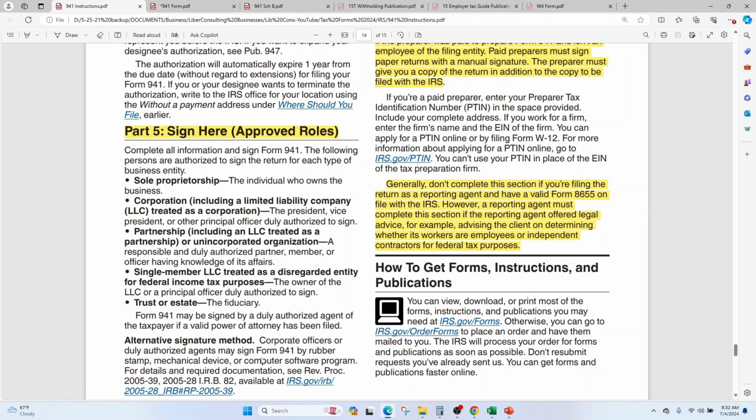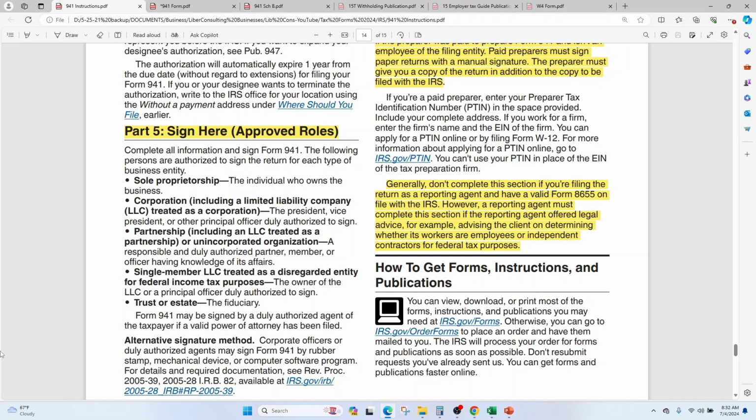So who is eligible to sign your Form 941? If your business is a sole proprietorship, you the owner will sign Form 941. If your business is a corporation, or an LLC treated as a corporation, the president, the vice president or other principal officer could sign.